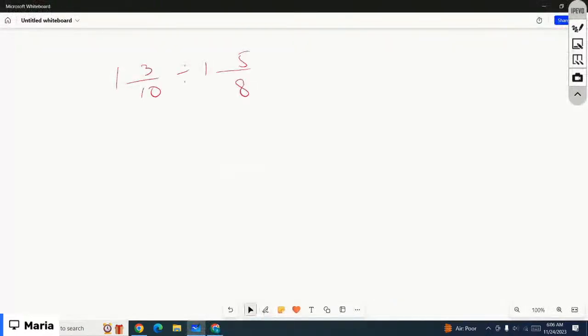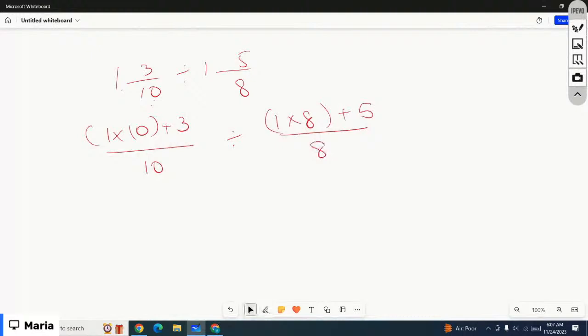Let's just convert them, right? What you have to do is whole number times the denominator plus the numerator. Here, 1 times 10, and for the other, 1 times 8, and you need to add 5 over 8, right? So 10 times 1 is 10, and 10 plus 3, 13 over 10.